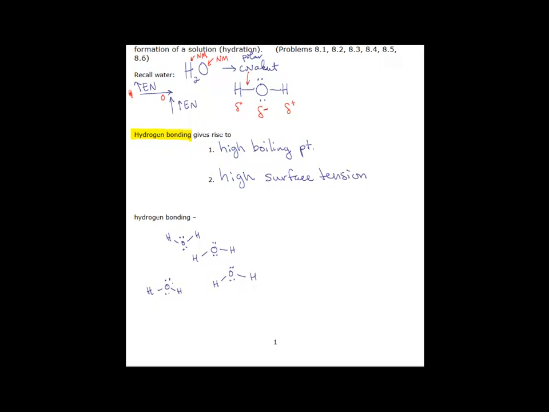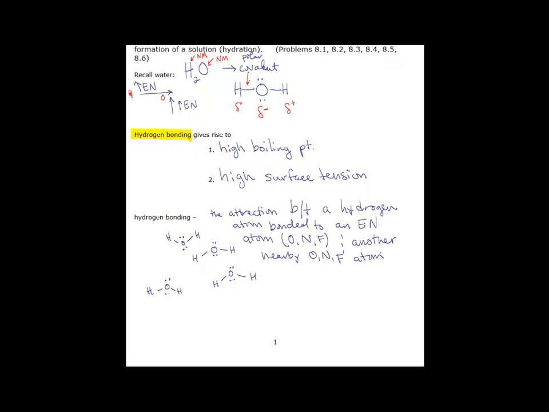Hydrogen bonding, I'm going to give you the definition and then we'll label it, is the attraction between a hydrogen atom bonded to an electronegative atom, En for electronegative, and that electronegative atom could be oxygen, nitrogen, or fluorine, and another nearby oxygen, nitrogen, or fluorine atom.